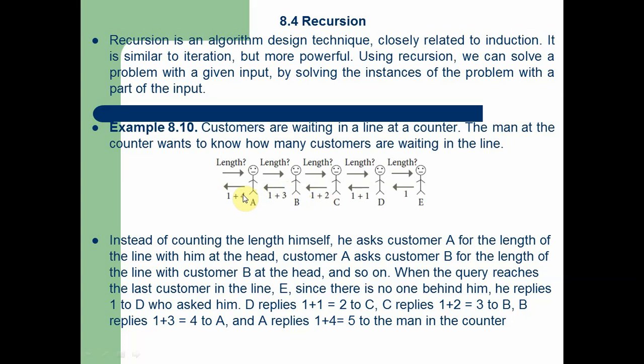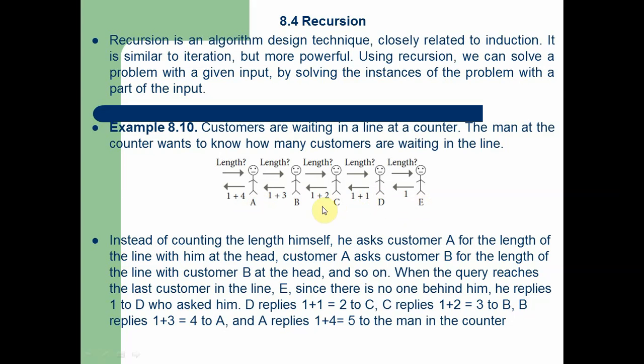So 4 is the input accepted by A from B, 3 is the input accepted from C, 2 is the input accepted from D, 1 is the input accepted from E.